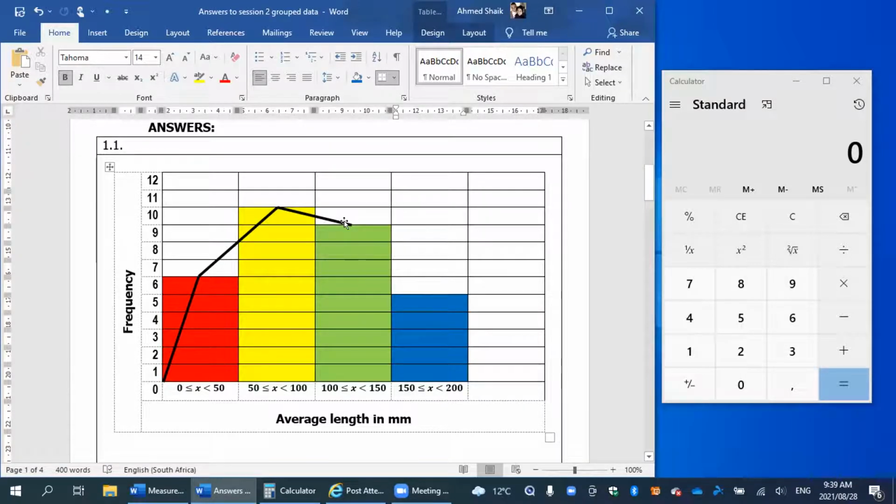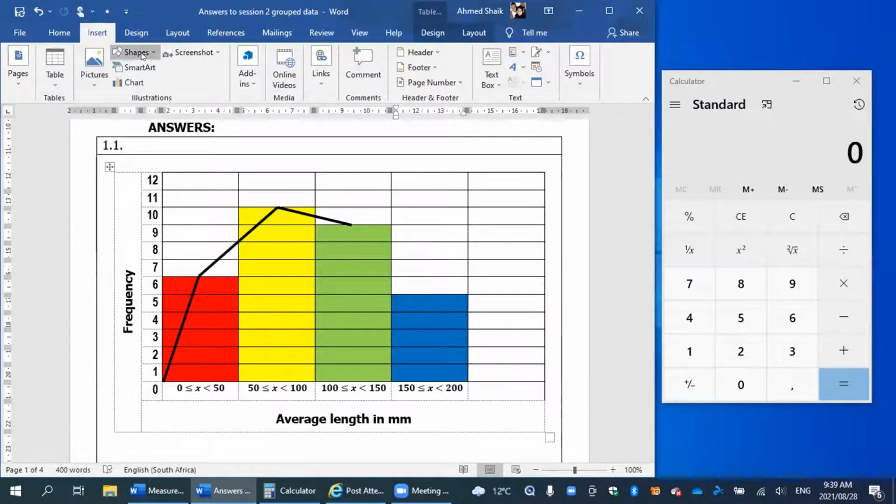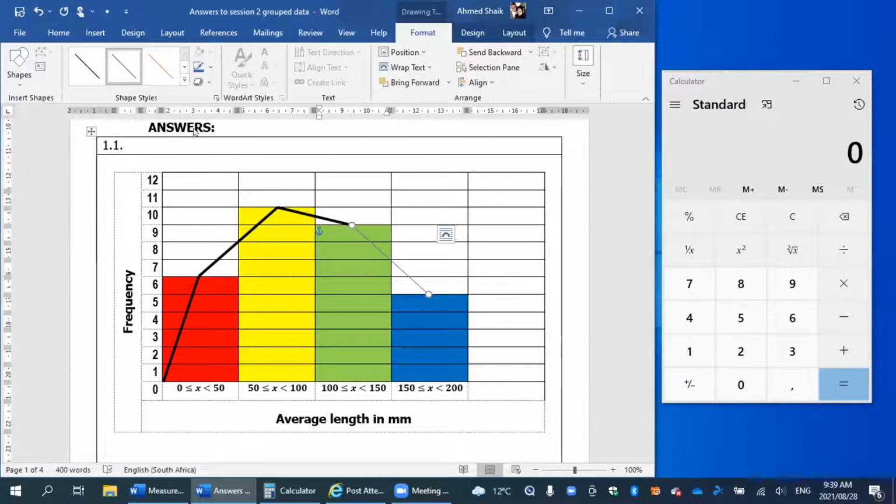Now we're joining our third bar to our fourth bar, so we're going to insert another line, from the center of the top, joining the center of the third interval.